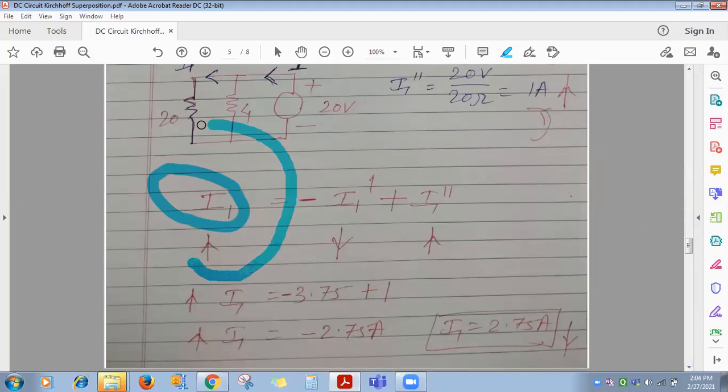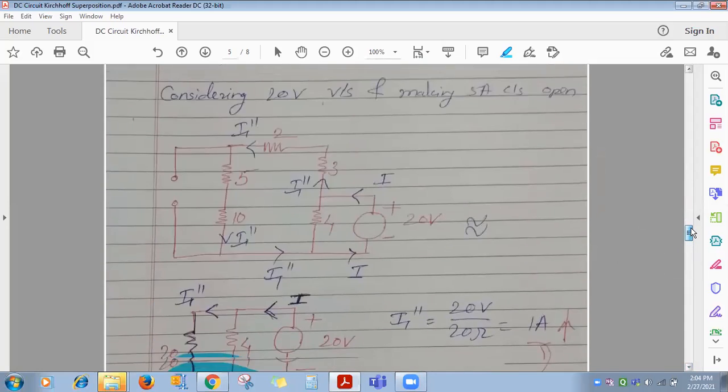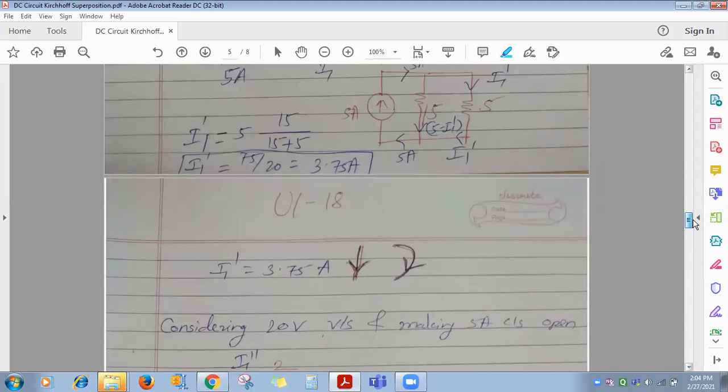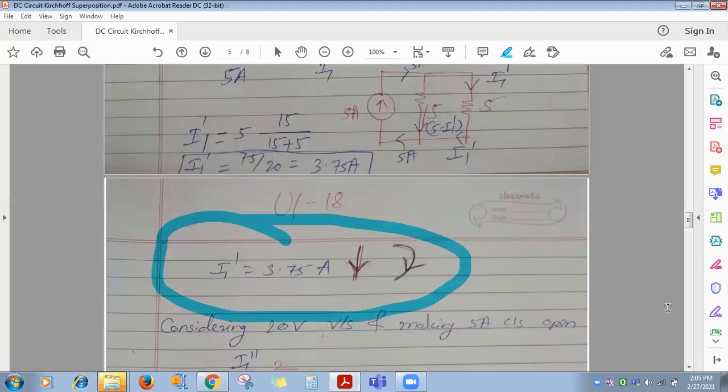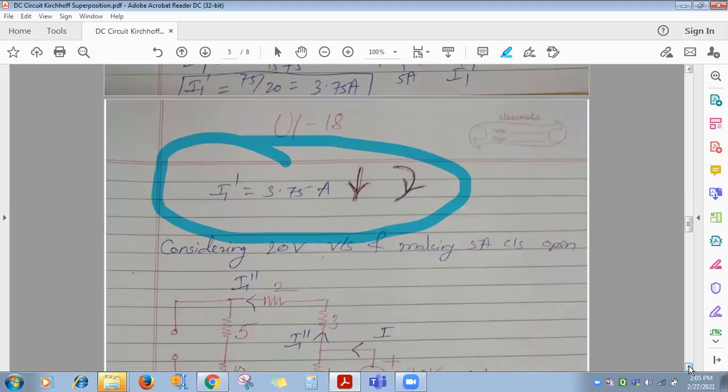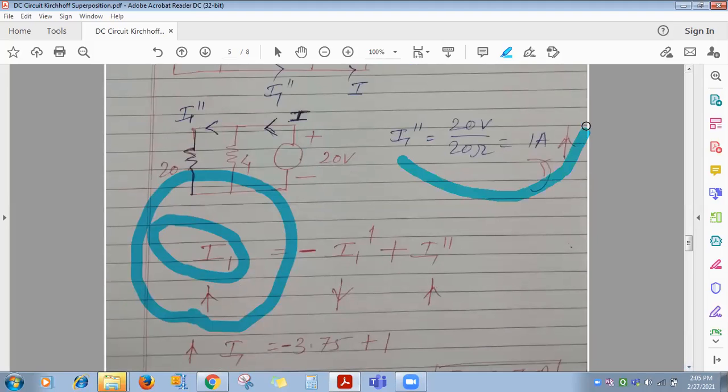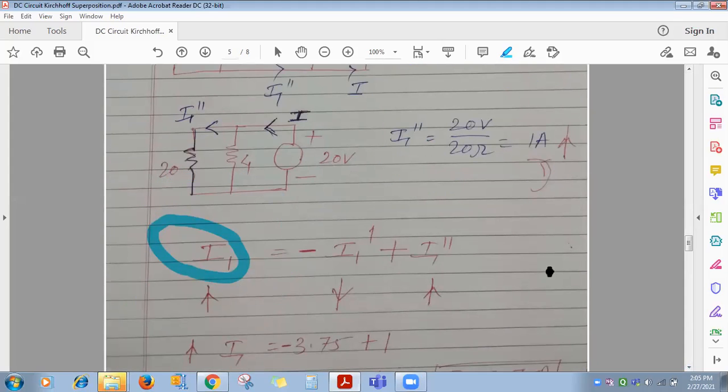So see, I1 upward I have denoted here. Now I1 dash and I1 double dash, their direction is fixed. That you can't choose on your own. I1 dash, we got downward. I1 double dash, we got upward. So right over here, I1 I assume upward.